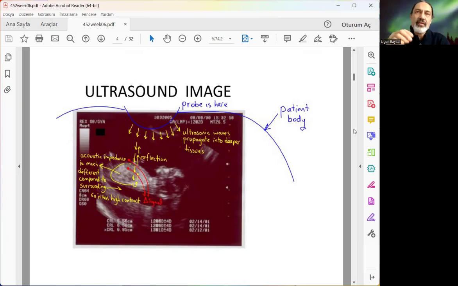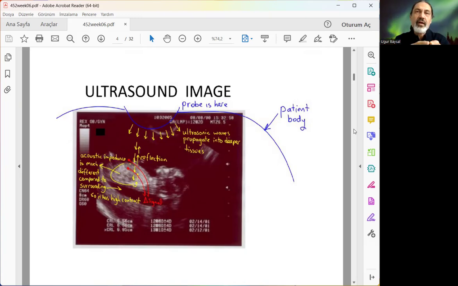So the signals are transmitted from the probe towards the inner part of the patient, and then they are reflected back, usually more than one time, so that each boundary and acoustical properties like acoustical impedance of the different tissues can be calculated by the system and displayed as a grayscale color.